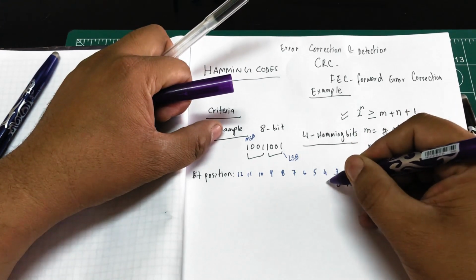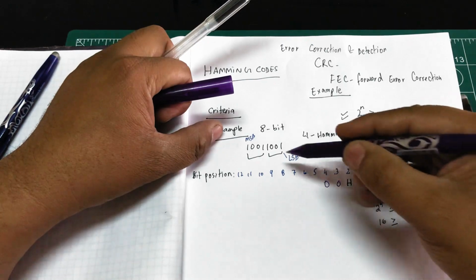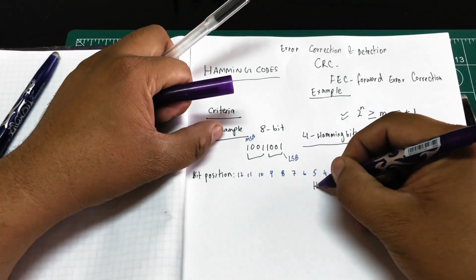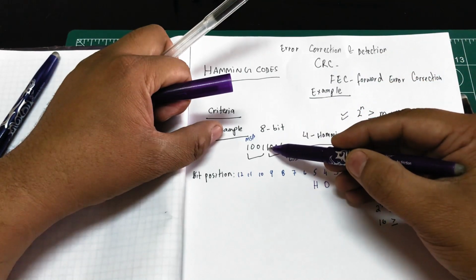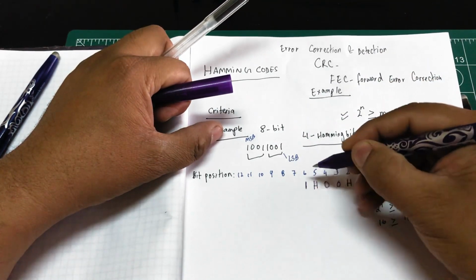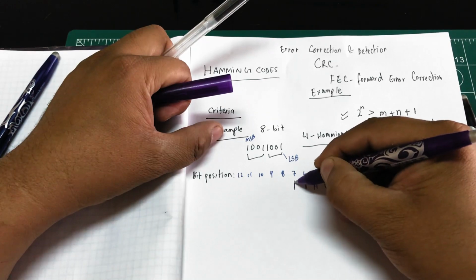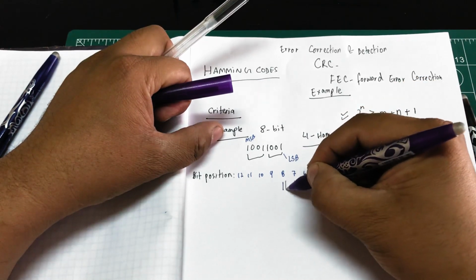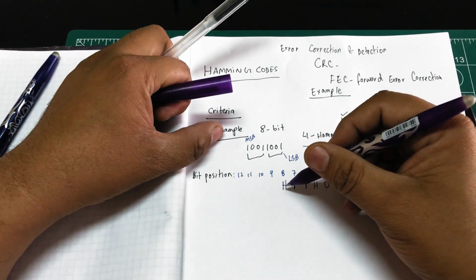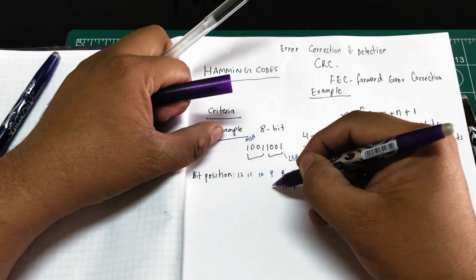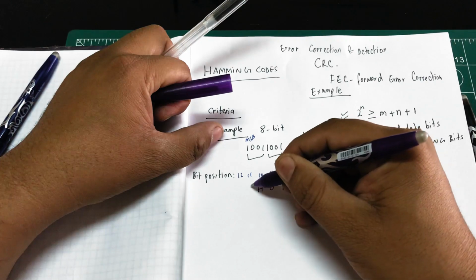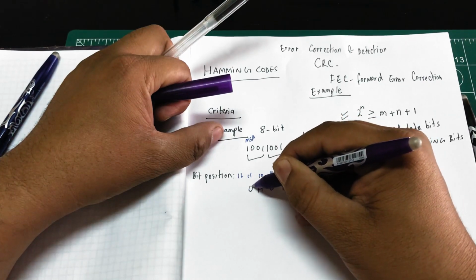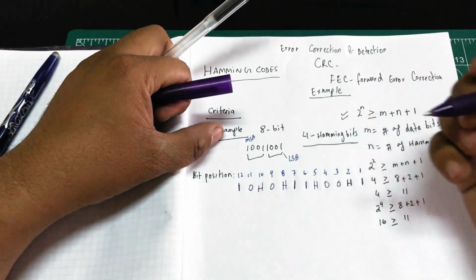I'm going to place 2 zeros here. Then I'm going to place a Hamming bit randomly. Then my bit 4, I'm just going to place it here. I'm going to put bit 7 here. Then I have one Hamming bit here. Then I have 2 zeros. So 1 0 Hamming bit, and then I have 0 and I have 1.